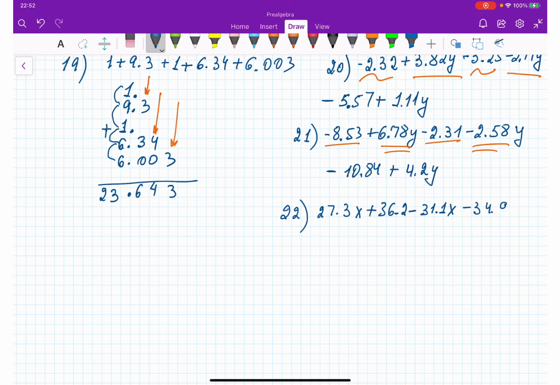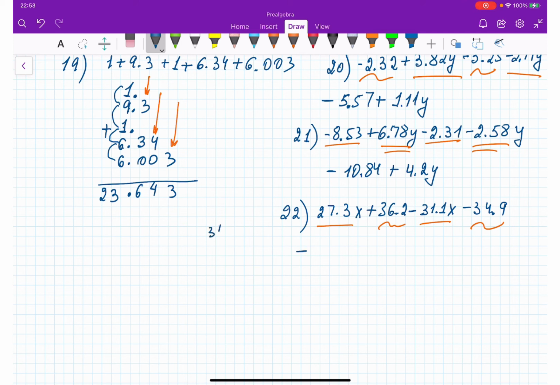All right, so, like terms, this one and this one, and this one with this one, right? Because those are x's, the other two are without x's. So 27.3 and negative 31.1. So positive, negative, we need to subtract, and we put a minus sign because the biggest number is negative.